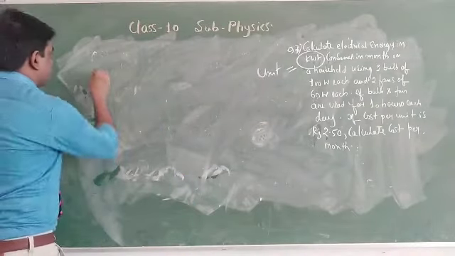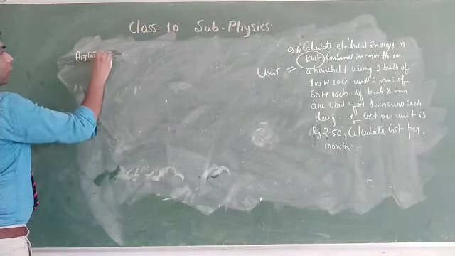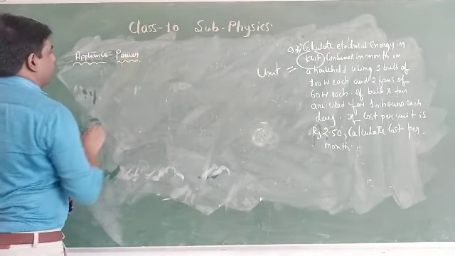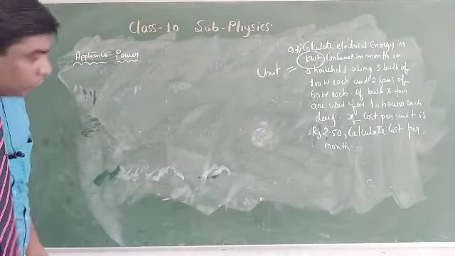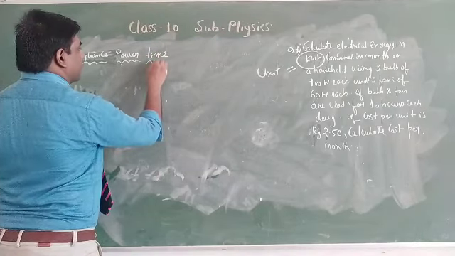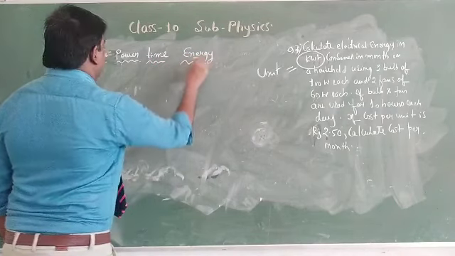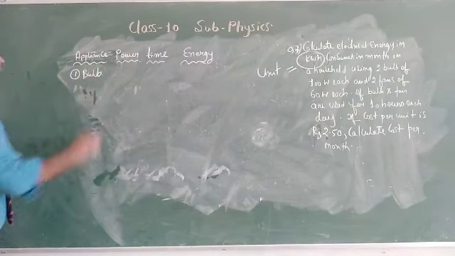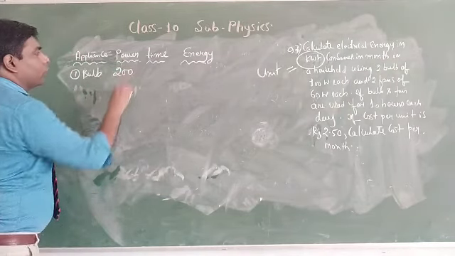See now, first apply this to the bulbs. 1 bulb is 100 watt, so 2 bulbs will be 200 watt.